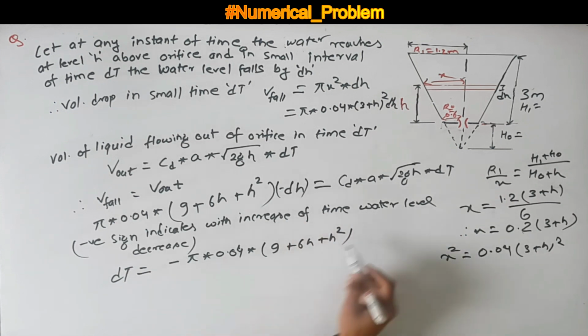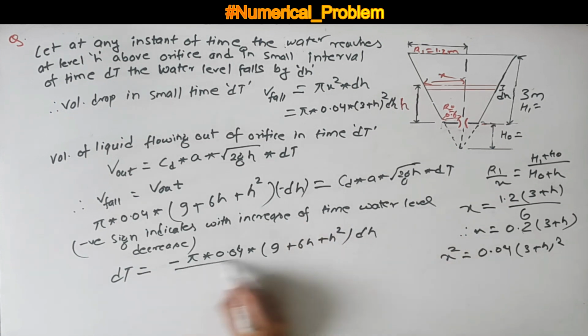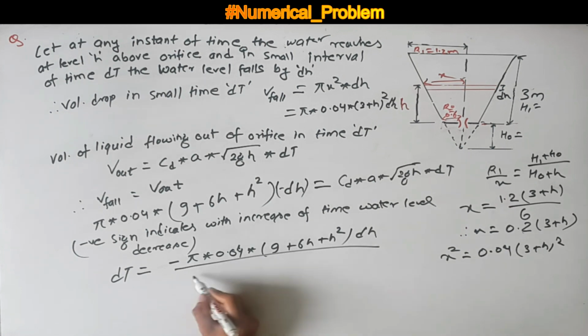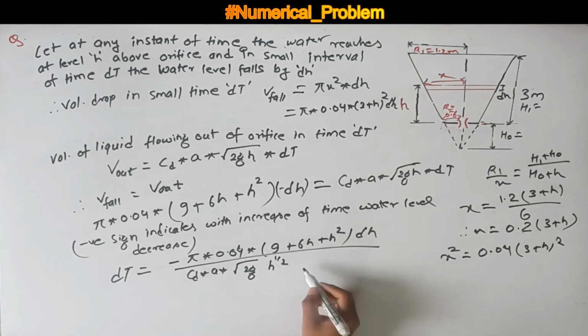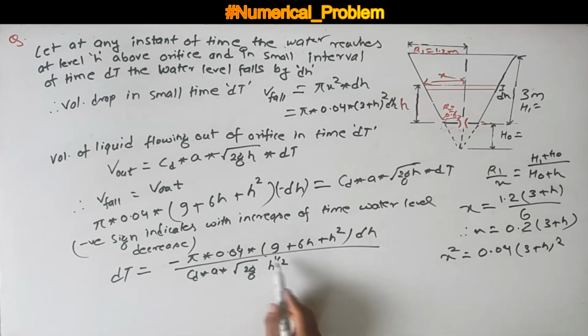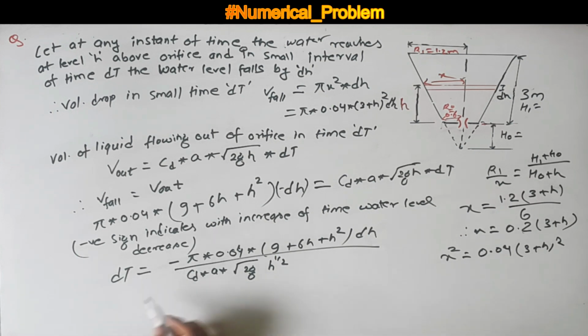We can put here minus, and dh is here, upon CD into a into root under 2g into root under h, that is h to the power 1 by 2, and dt is here. So we can integrate this equation to obtain total time t.